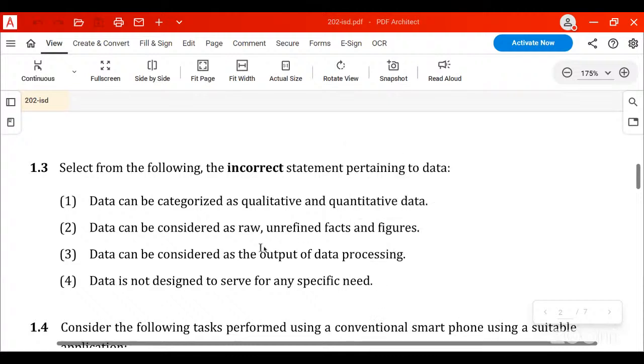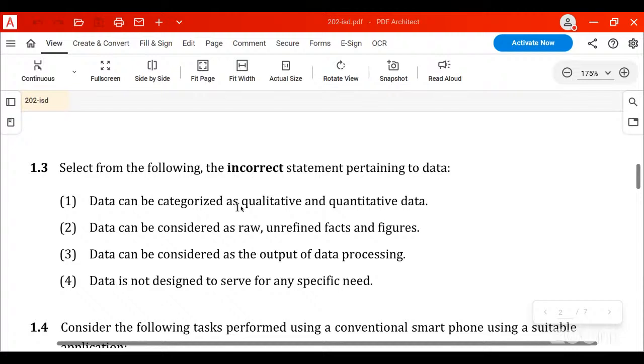Select from the following the incorrect statement pertaining to data. Data can be categorized as qualitative and quantitative data.